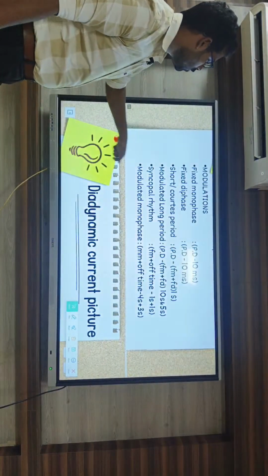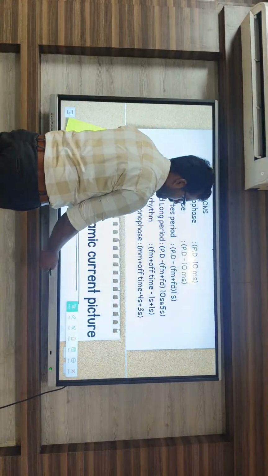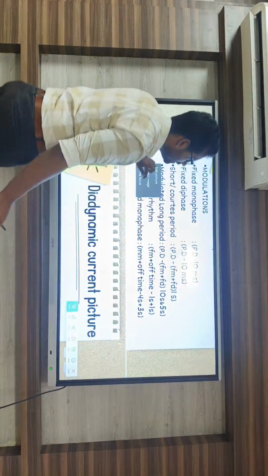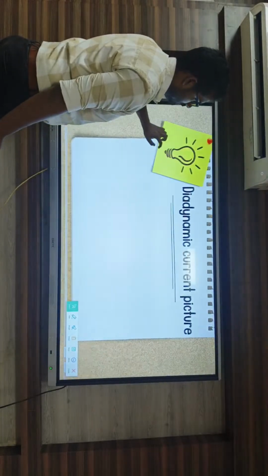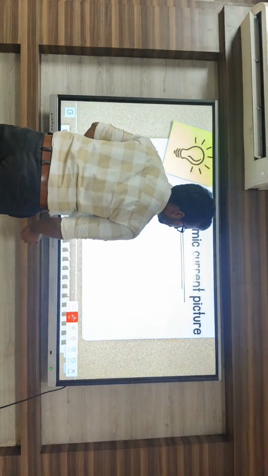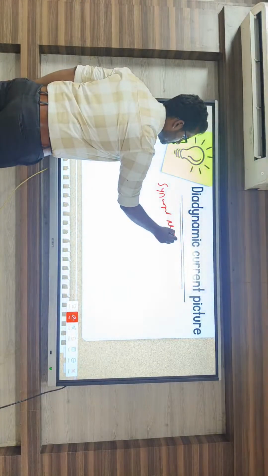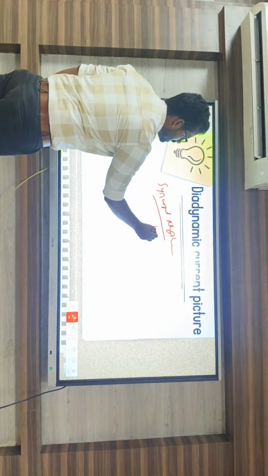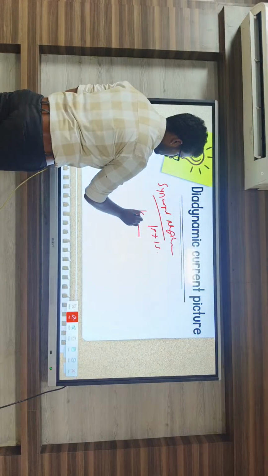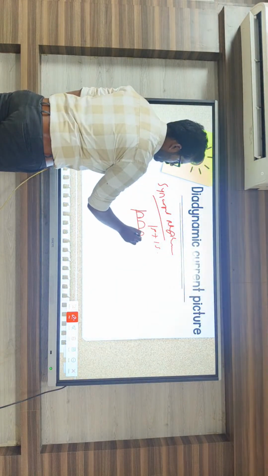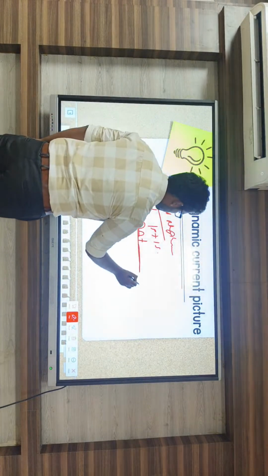The next one, syncopal rhythm. What is the syncopal rhythm? It is fixed monophase plus a half time, that is a period of 1 second plus 1 second combination. Coming to the syncopal rhythm, this is the combination of 1 second of fixed monophase plus a resting period. So how does it work?